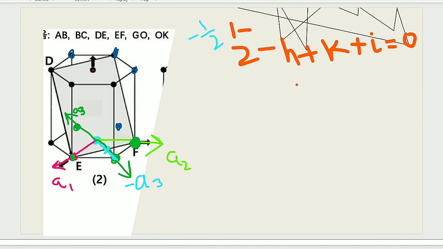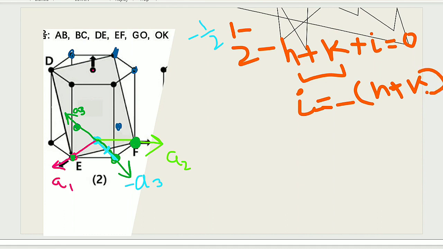This expression is similar to saying that if we take h and k onto the other side of the equation, you simply get i equals negative h minus k. h and k are positive here, so they will become negative on the other side of the equation. So this is simply the equation that we previously used, and this doesn't involve l, so you cannot use this equation for determining the z-intercept.